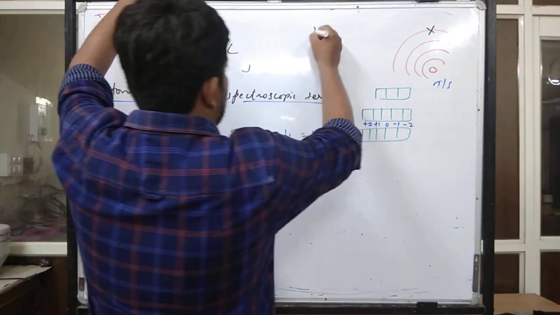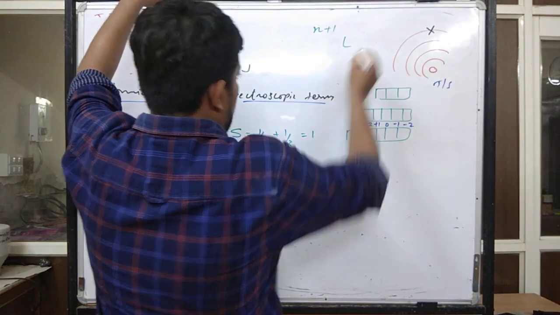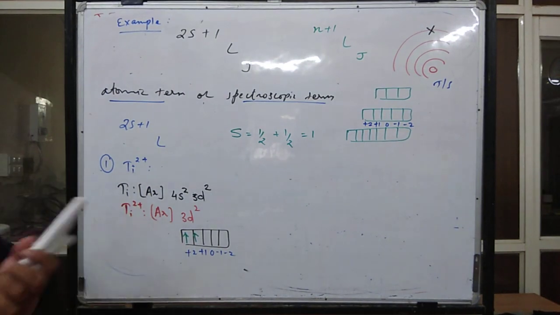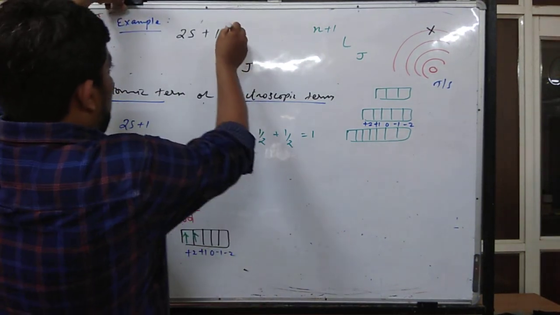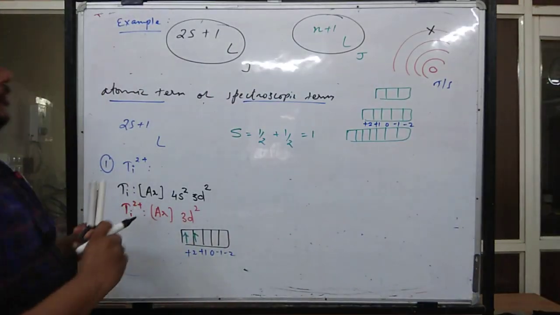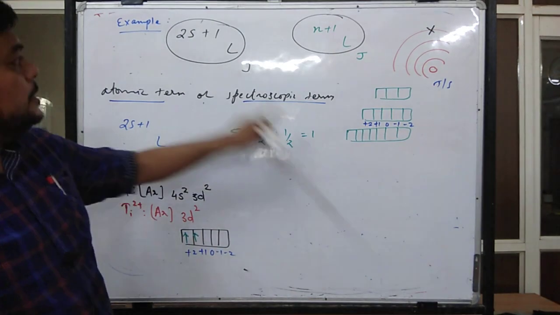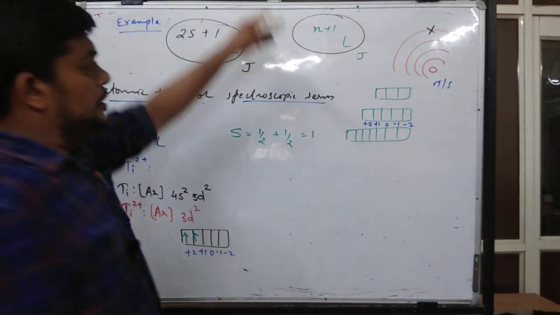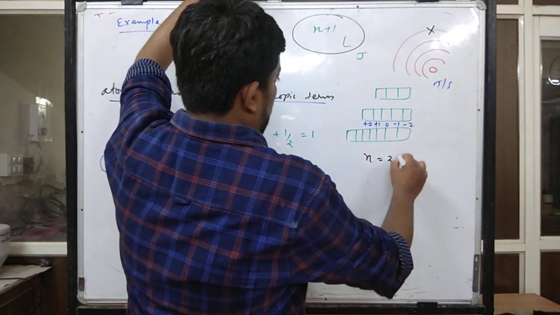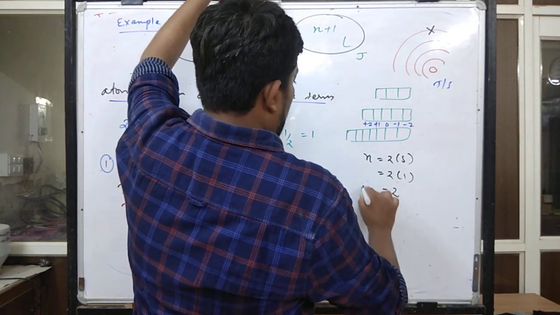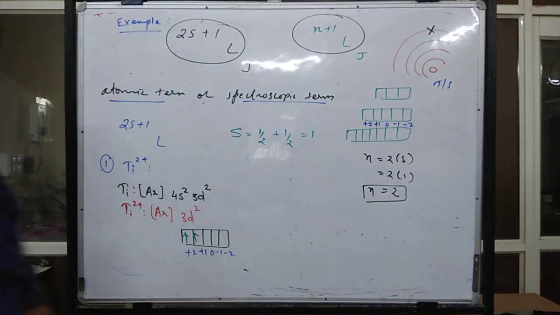Even if someone has mentioned n plus 1, L, J, as we are discussing the atomic term, we will only focus on these 2 parameters in each equation. As S is 1, 2S will be 2, and when we correlate it with n by writing n is equal to 2S, 2 into 1 is 2, it very clearly indicates the 2 unpaired electrons. So we are clear with that.